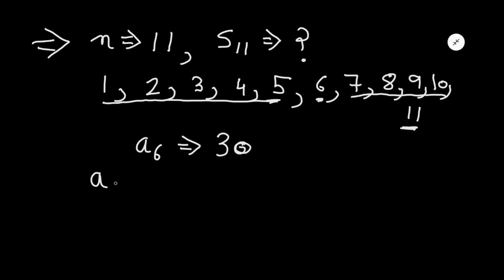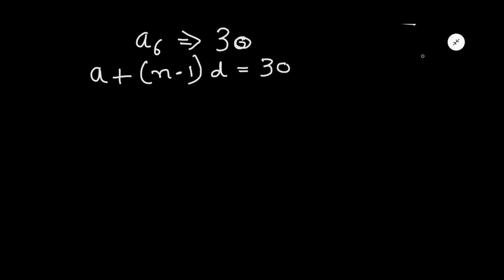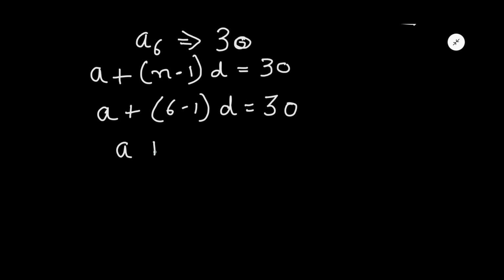As we know, the formula for nth term is a plus n minus 1 d. So for the sixth term, we can write a plus 6 minus 1 d is equal to 30. So a plus 5d is equal to 30.